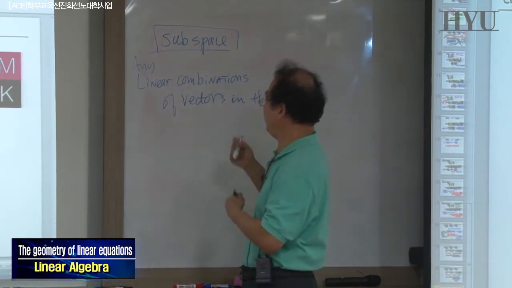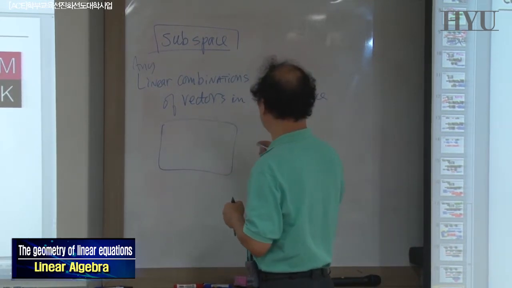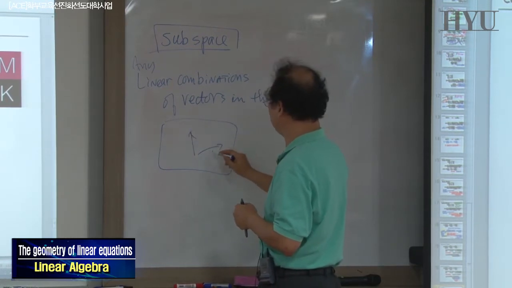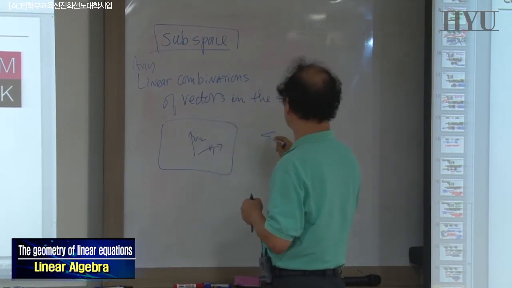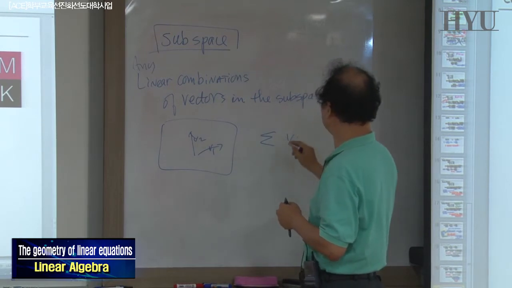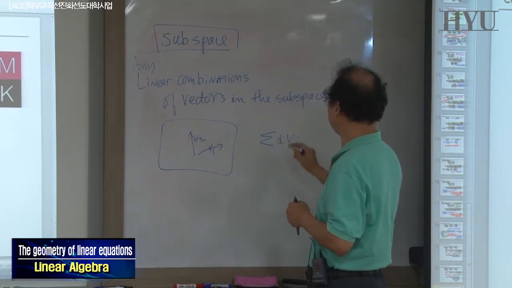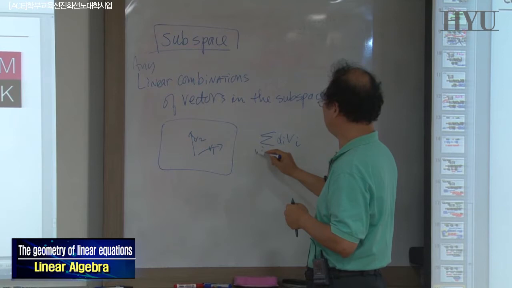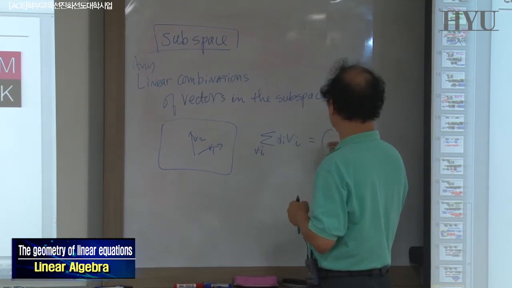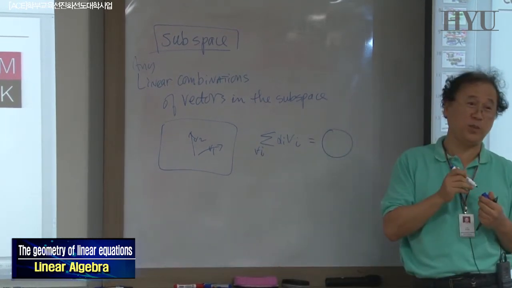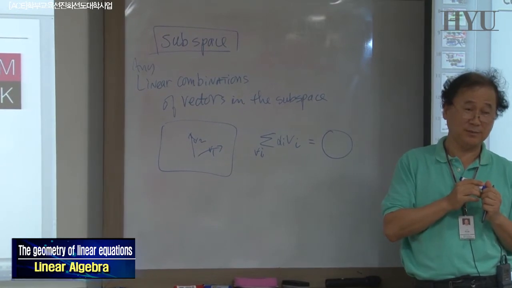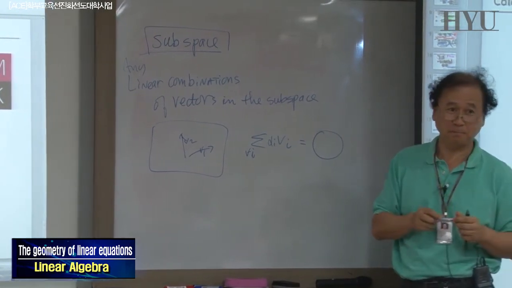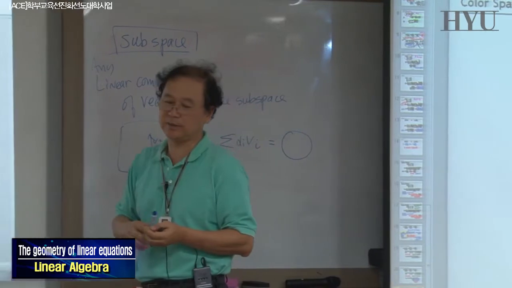It means within one subspace, you have whatever V1 or V2, so the sum of alpha i times Vi for all i. Whatever result you come up with still belongs to the space. So that's closed. Okay, I'll discuss this one later.